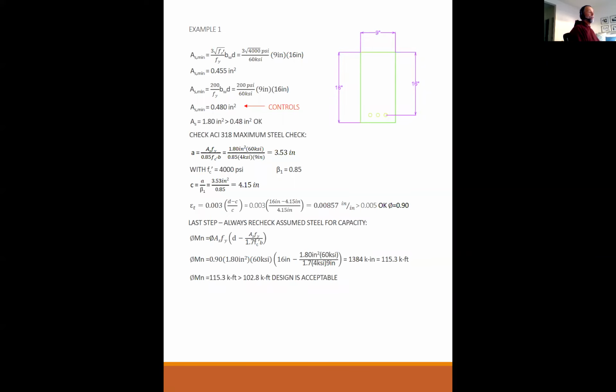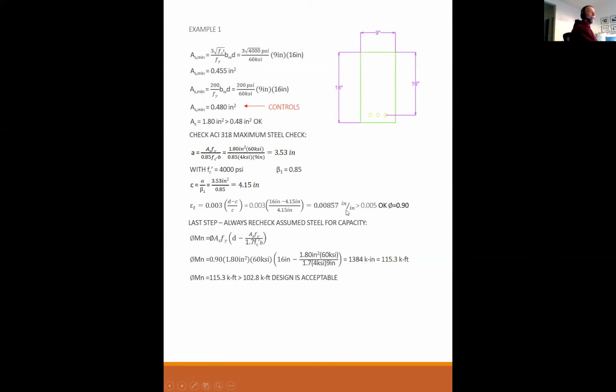If you have too much steel, then it forces the neutral axis too low on the beam and the steel won't yield. That's very, very dangerous. You could have a beam where the concrete crushes, but the steel had not yielded yet. And it's a very sudden and explosive failure. We cannot allow that. So the way that we make sure that we're not doing that is epsilon sub t.